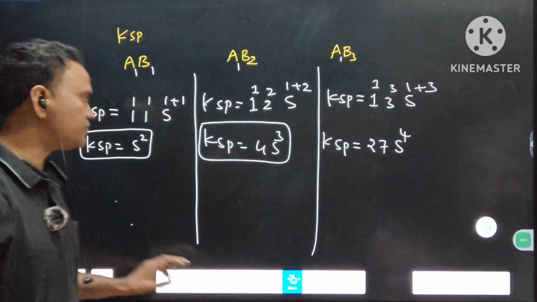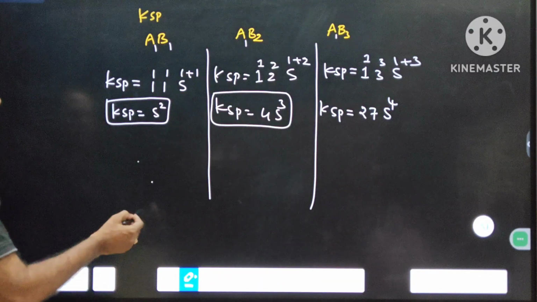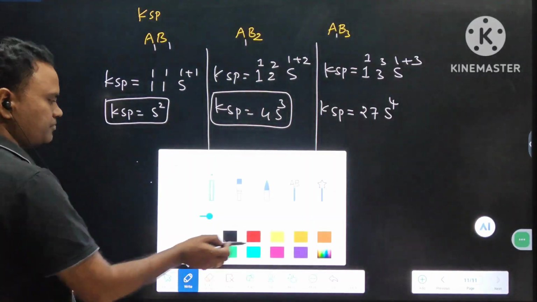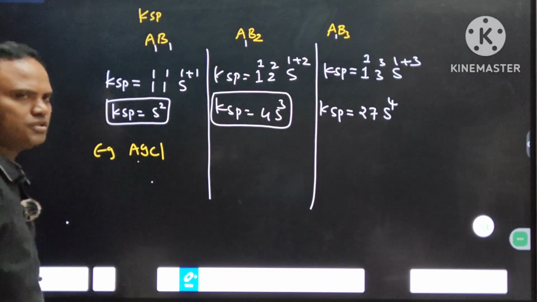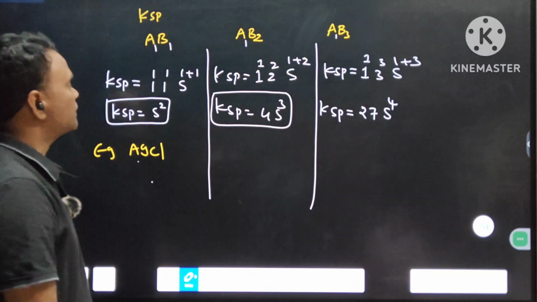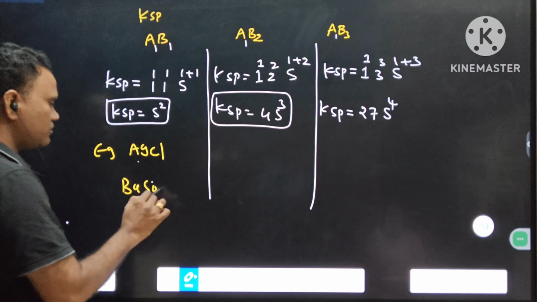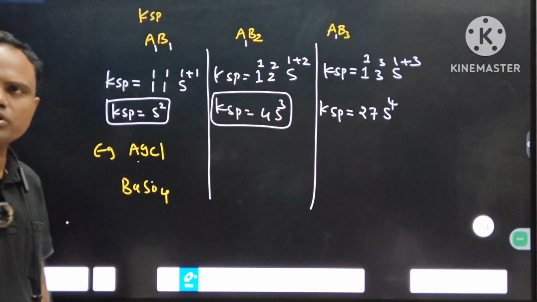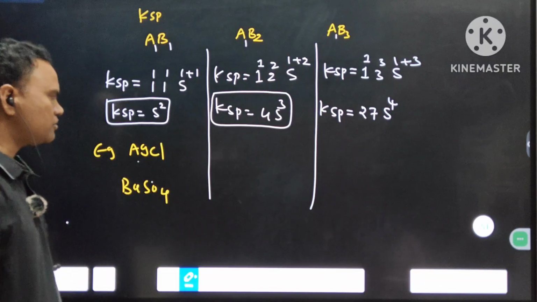Now, what are the examples of AB type sparingly soluble salts? AgCl comes under AB type only. BaSO4 also comes under the AB type category, sparingly soluble salt.